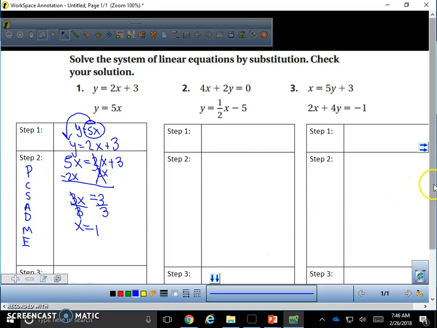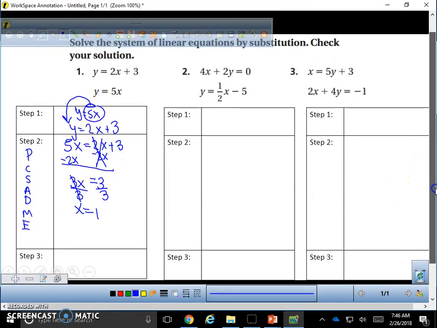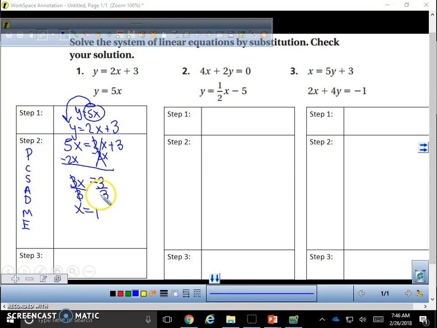Step 2, done. Let's go to step 3. Plug in to both equations is what step 3 is. Our first equation is y equals 2x plus 3. Our second equation is y equals 5x. What are we plugging in, you might be asking? We're plugging in what we found for x. So, 2 times 1 plus 3, and then 5 times 1.